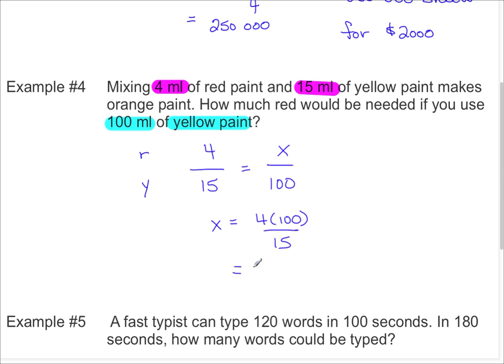So we got a decimal this time. 26.6, and we're actually going to round it to 26.7 about, and that's milliliters. So we would say, therefore, you need about 26.7 milliliters of red paint.